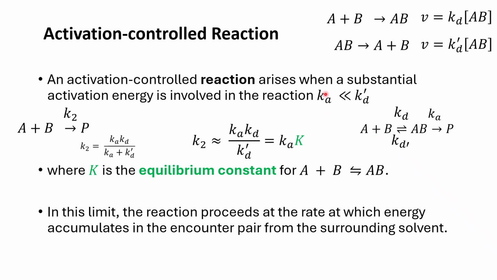So we have Kd prime much larger compared to Ka, the rate for product formation from the encounter pair.